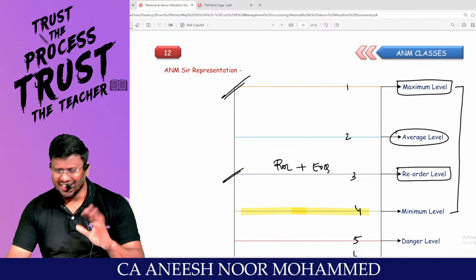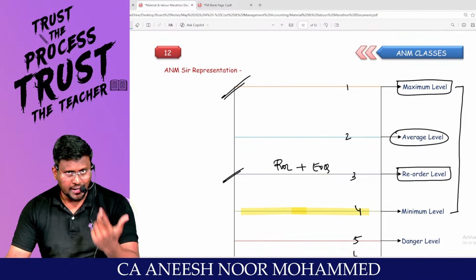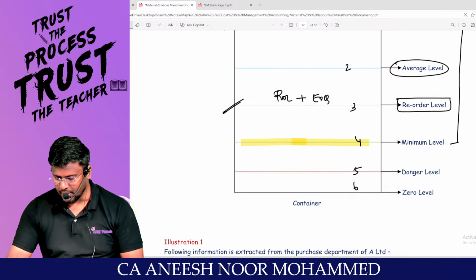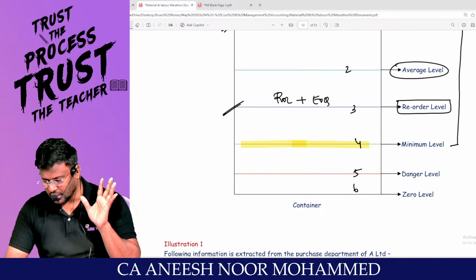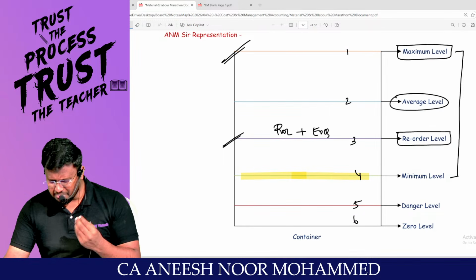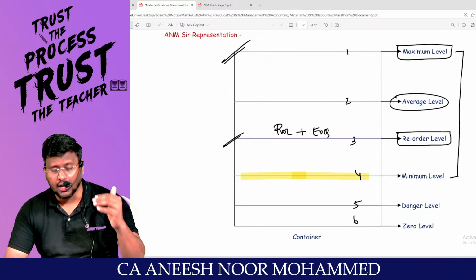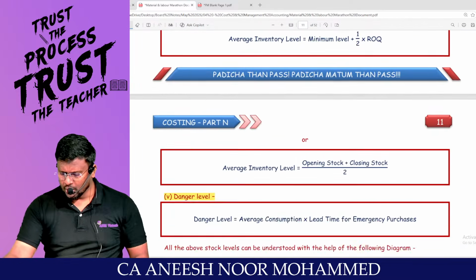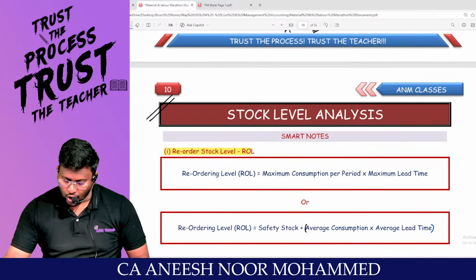What level? Zero level. Then danger level. Then minimum level. Then reorder level. Then average level. Then maximum level. With this background, I am moving into the formula derivation.